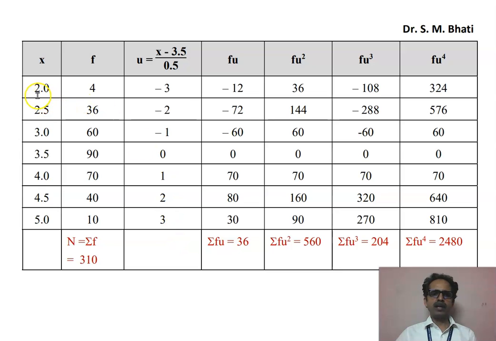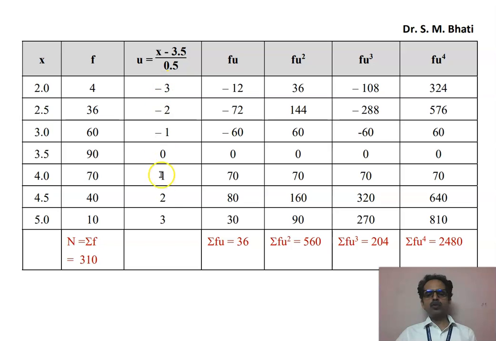For example, when x is 2, 2 minus 3.5 upon 0.5 becomes minus 3. When x is 2.5, 2.5 minus 3.5 upon 0.5 becomes minus 2. And if x is 3.5, 3.5 minus 3.5 upon 0.5 becomes 0, and so on.